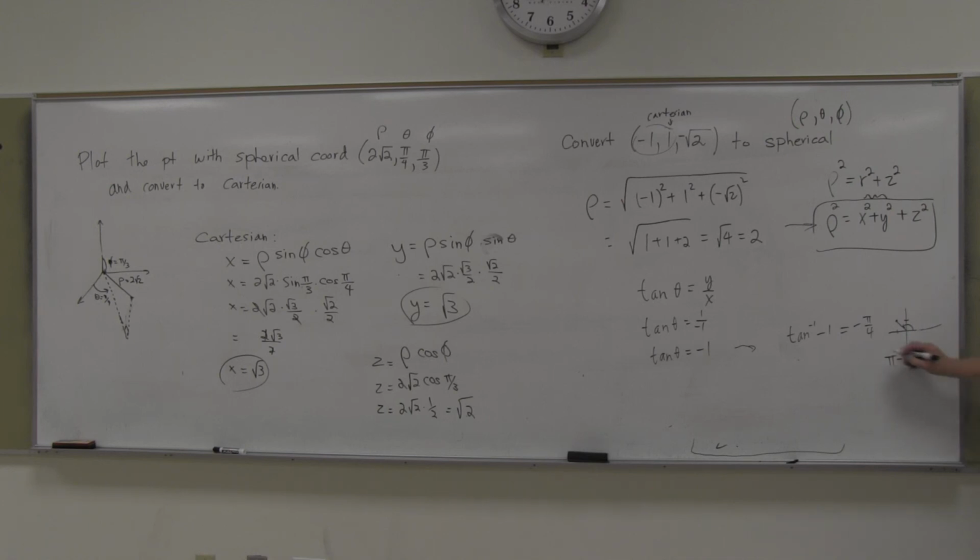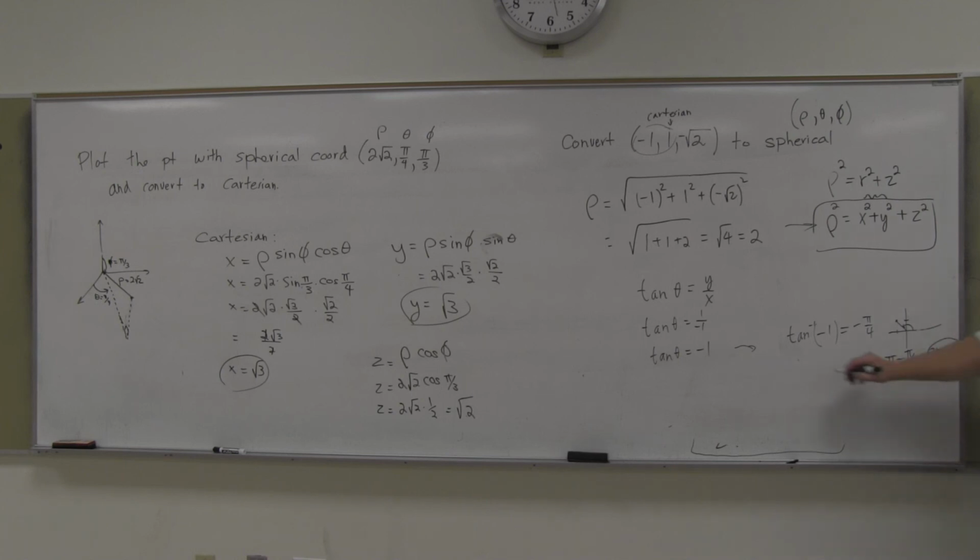So yeah, you have to be a little careful with the tangent inverse, or any time you have sine inverse or cosine inverse. Does everybody see what I'm doing? Since the point's negative 1, 1, I'm in quadrant 2 in the xy plane, not quadrant 4, which is where this tangent inverse would be. So that would be theta right there.